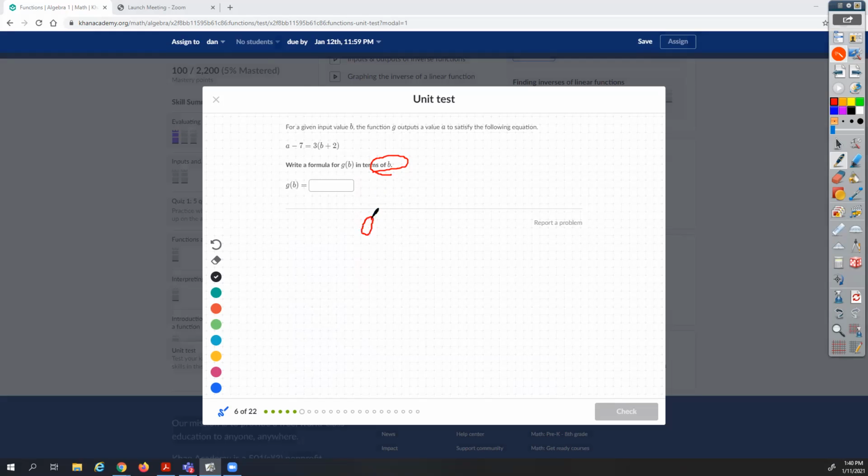We have a minus 7 is equal to 3 parentheses b plus 2, divided by 3. This will cancel out. This will be a minus 7 over 3 is equal to b plus 2.